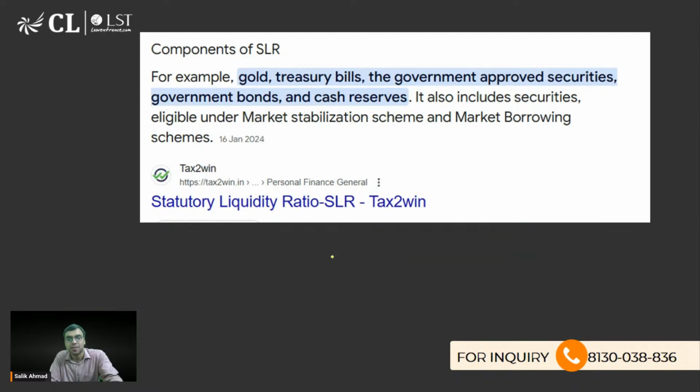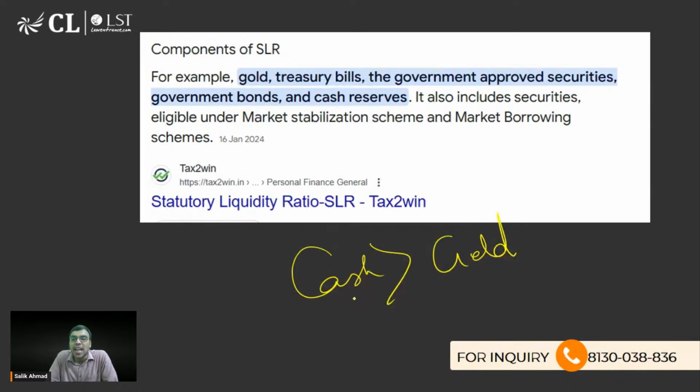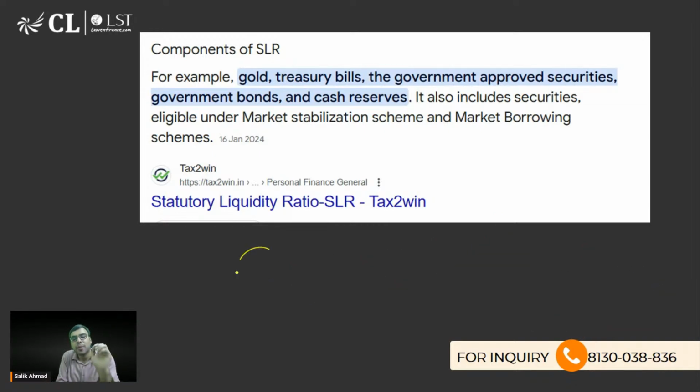ये समझ में आया? This is the concept of liquidity. This is how it works. ठीक है, अब मान लो कि there is some fixed deposit. If we are asked to set them in the order of liquidity, liquidity would be cash, then gold, and then fixed deposit.